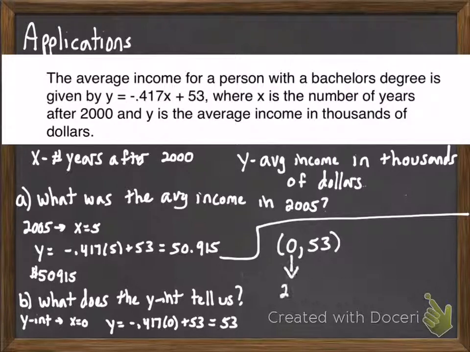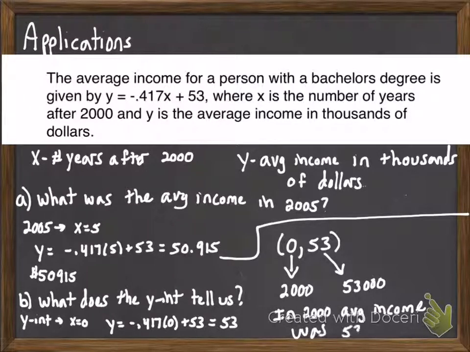So 0 is telling us that x is 0, or 0 years after 2000, so that's telling us the year is actually 2000. Remember, y is the income in thousands of dollars, so the 53 would actually be telling us that y is 53,000. And then we take those two pieces of information and put them together, and so we see that the income in 2000 was $53,000.